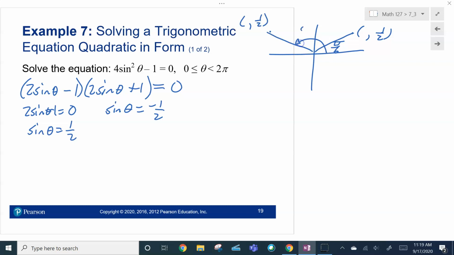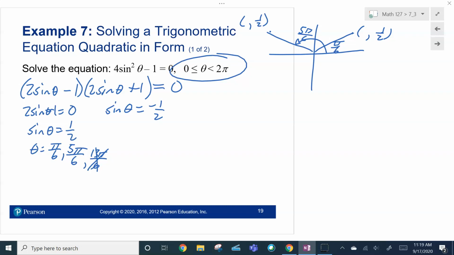So we have theta being pi 6, 5 pi 6. Now we could keep going, around once plus pi 6, so 13 pi 6, but this is outside our theta condition here, being less than 2 pi and greater than or equal to 0.